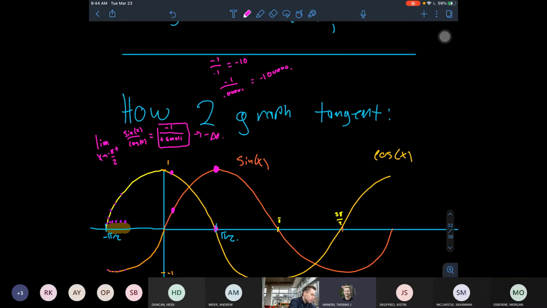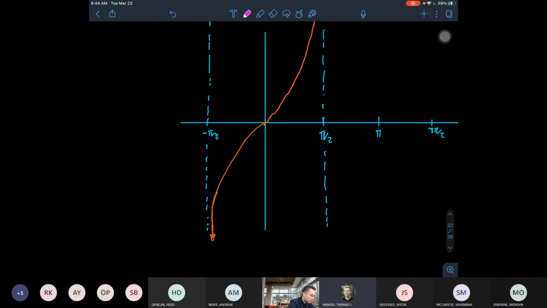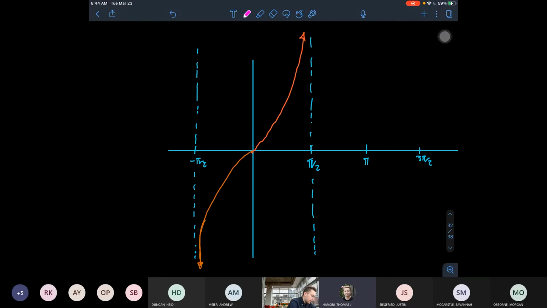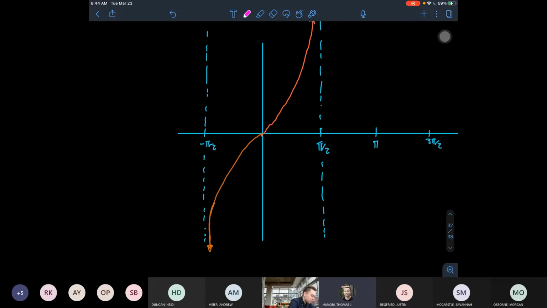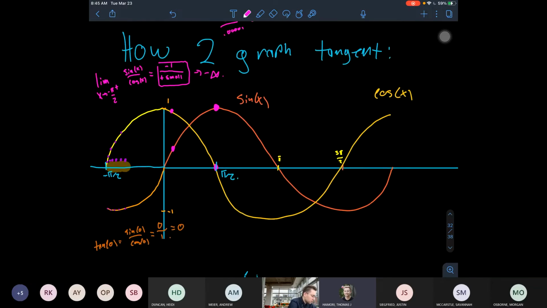Okay, so that is why when I drew the graph of the tangent function, we have an asymptote here at negative pi over 2, and the behavior to the right side of the asymptote is that we're going down to -infinity. Okay, and if you don't like the limit notation, if you don't like talking about things in this way, that's fine.